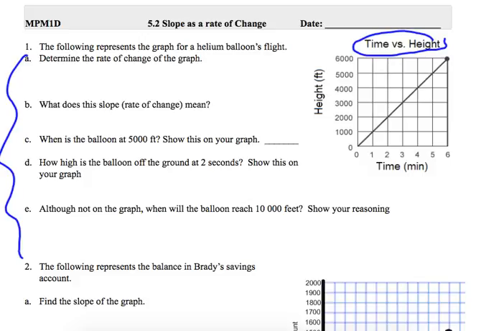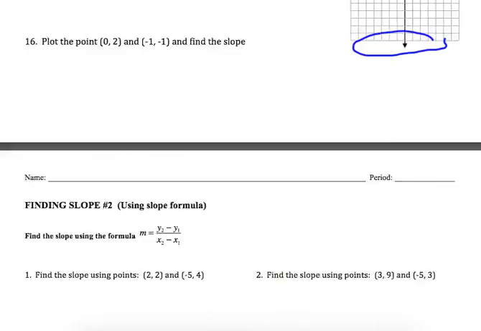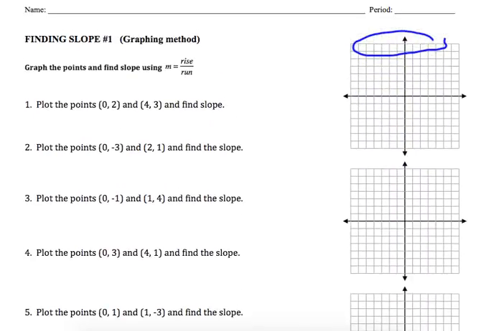And then the other one says, let's erase this here. It says graph the points. Oops. There it is. Okay, it says graph the points and then find the slope. So they give you a couple coordinate planes here to graph these points.